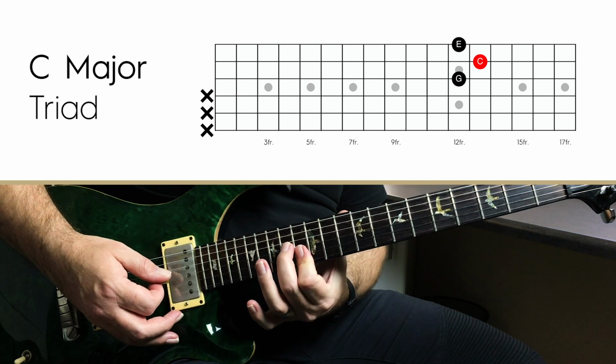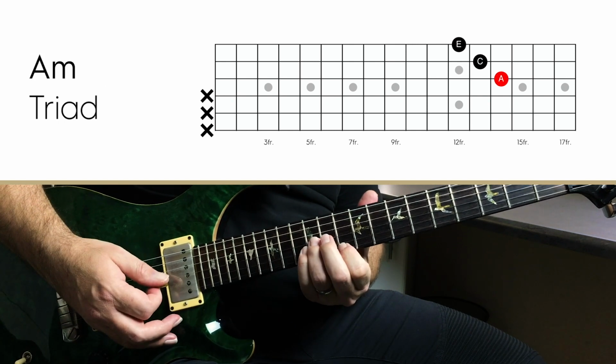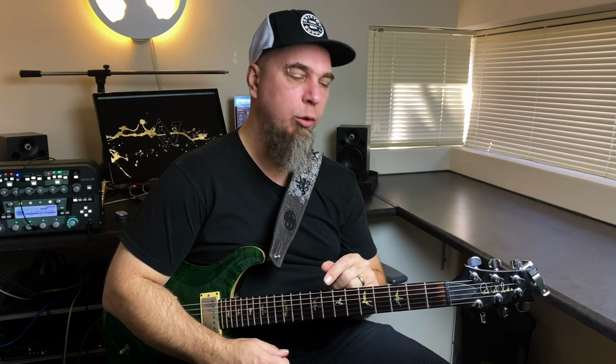That's really handy because if you were to play a progression that was C, F, A minor, G, a 1, 4, 6, 5 progression, then you'd have all of your chord tones mapped out already. And if you've seen any of the previous videos, you would know that chord tones are essential to come up with some cool melodic parts.